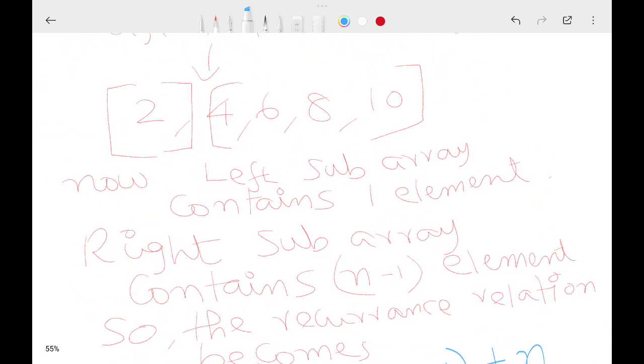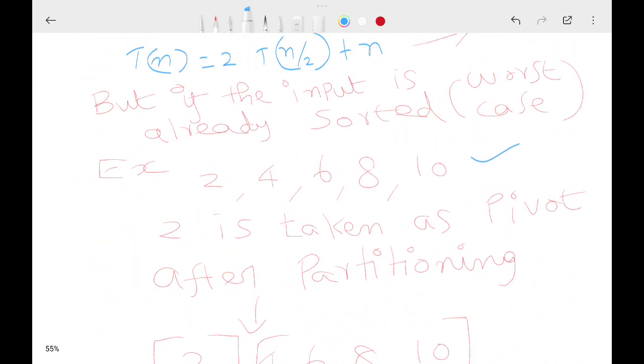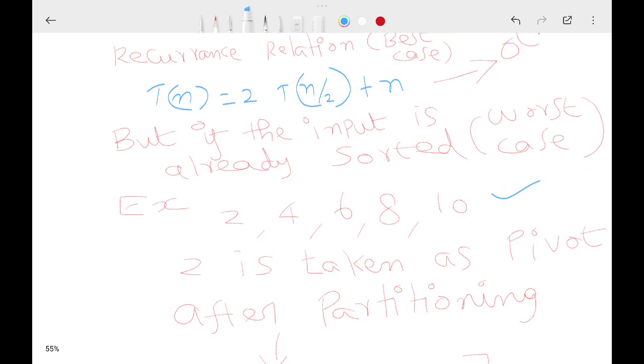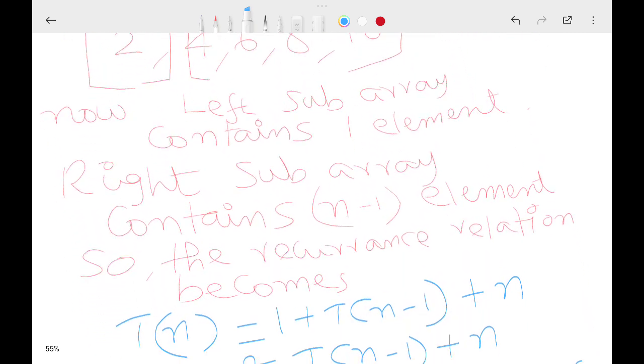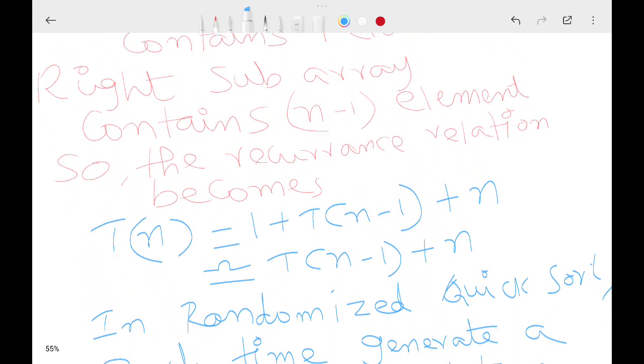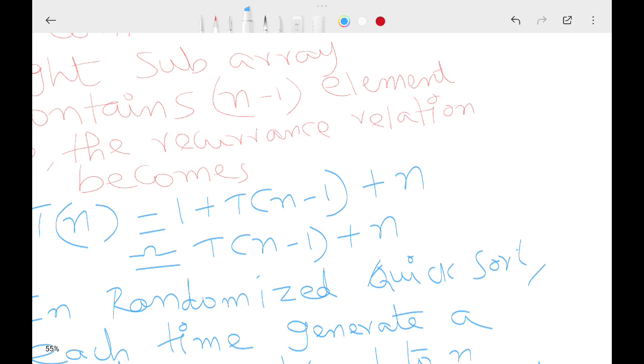In the best case, we wrote 2 into T of n by 2 because both the left subarray and the right subarray contain n by 2 size, so T of n by 2 plus T of n by 2, that is 2 into T of n by 2. But in the worst case scenario, if it is already sorted, then it becomes T of n equal to T of 1 plus T of n minus 1 plus n. If you solve this recurrence relation by using Master's theorem or the substitution method, it gives time complexity O of n squared.